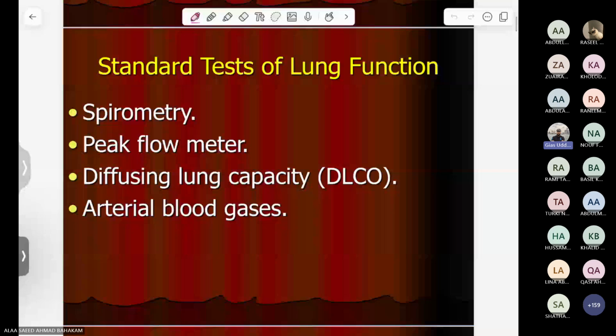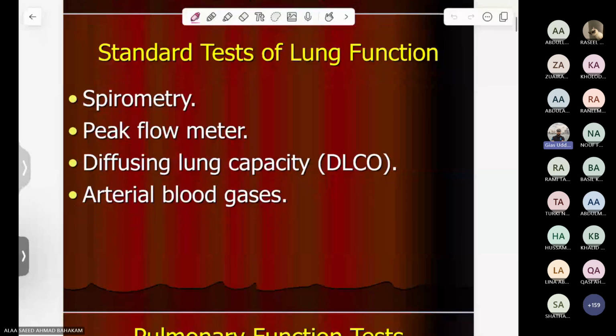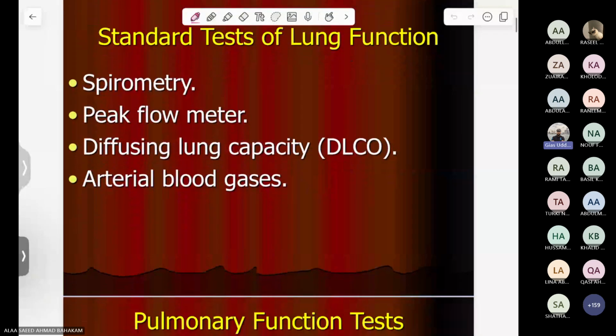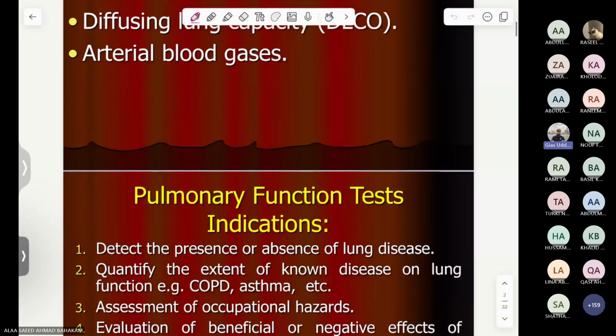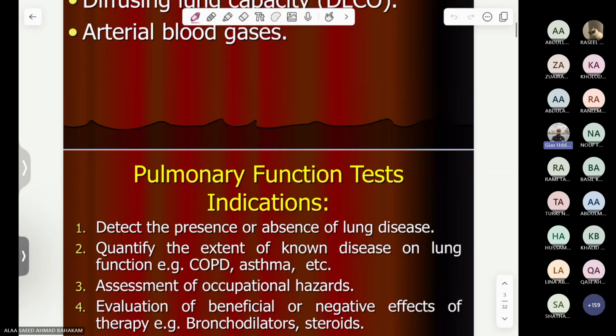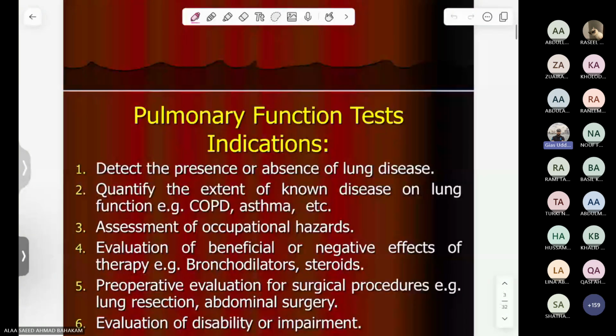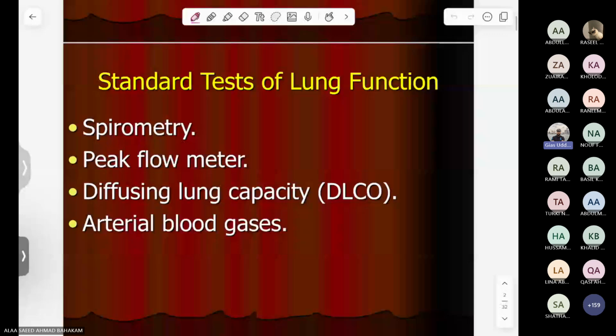So what is pulmonary function test? What are the tests done to know the lung functions? There are 4 tests we could do to test lung function.